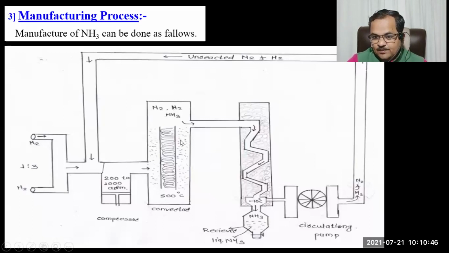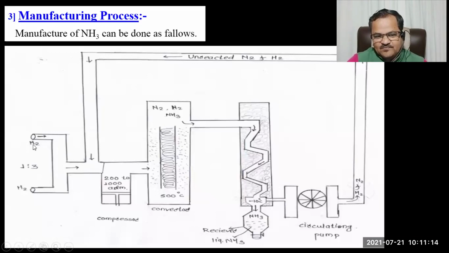Then for each cycle 8% ammonia is formed, isn't it? The remaining reactants remain as unreacted reactants. So in this way we manufacture ammonia from N2 and H2.